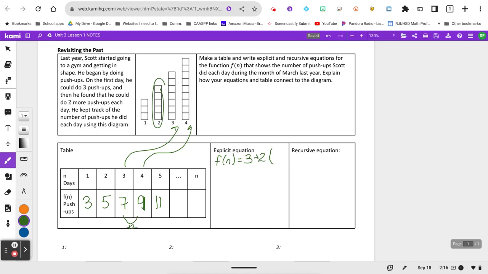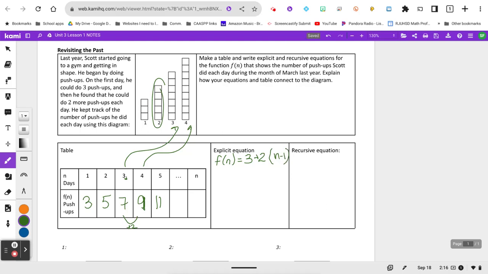So if we look at our table, if we did 3 times 2, that'd be 6, plus 3 more gives us 9, which is not 7. But if we did the previous number, 2 times 2 plus 3, that will give us that one. So we're going to go n minus 1, the previous one, times 2, plus 3.